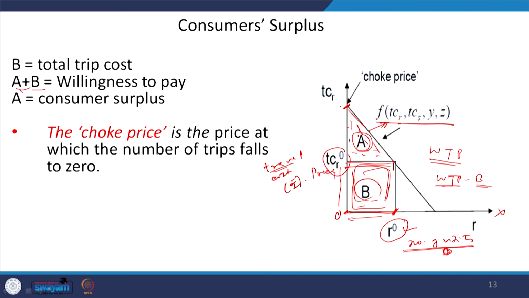That is why this TCR price is known as the choke price, where the visitors would not be interested in visiting at all, because the travel cost or the total expenditure is too high.